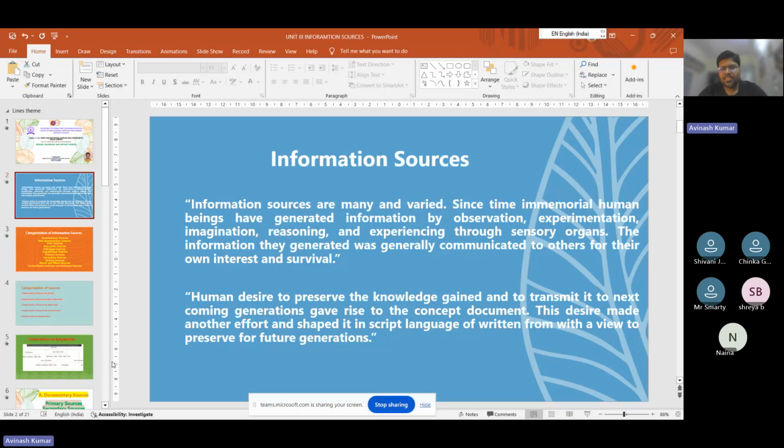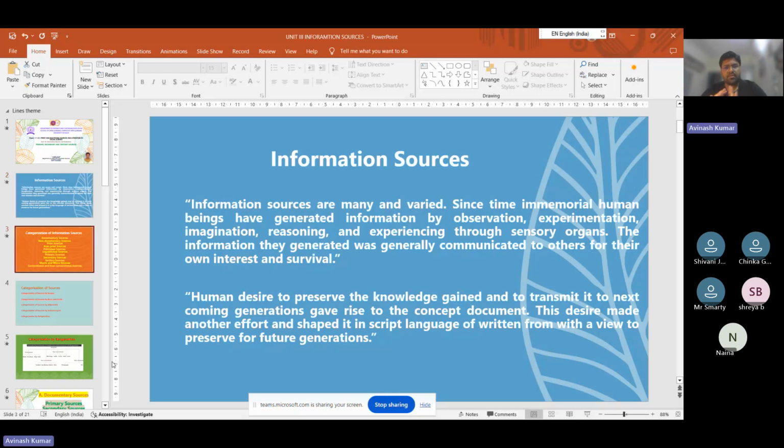It gradually changes, and whatever sources we have collected and preserved, we read them and know about our past, the generations, and the technologies in ancient and medieval times. These are all information sources, right?